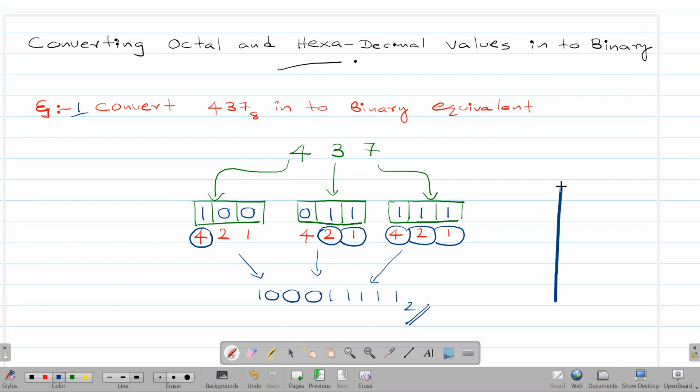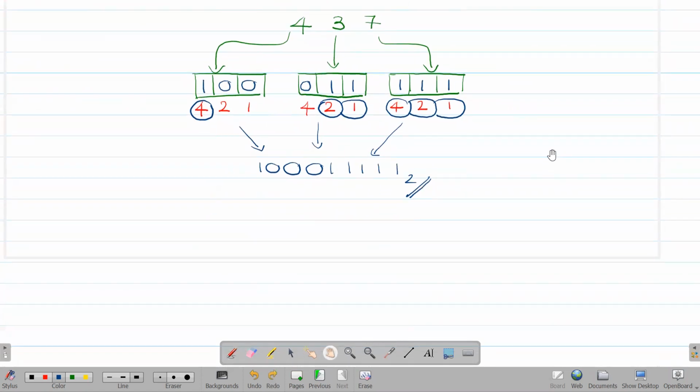So the second example, let's take it like this.